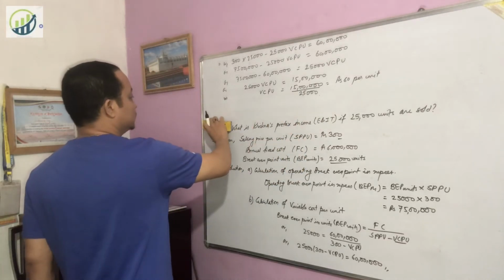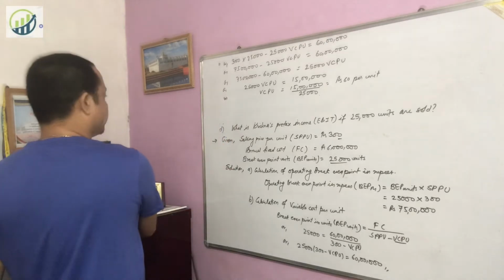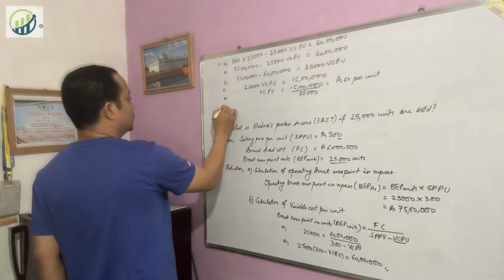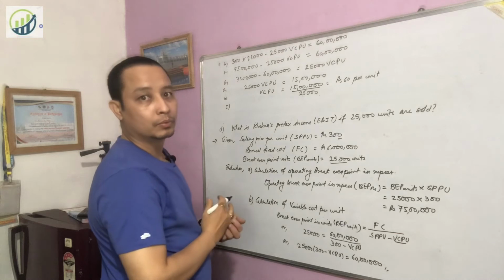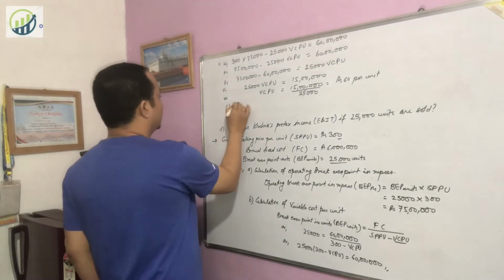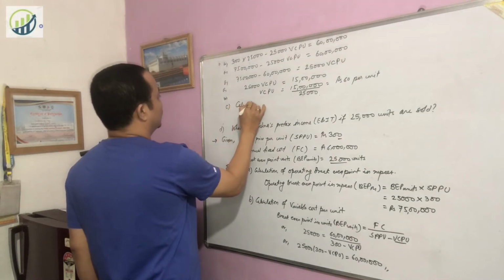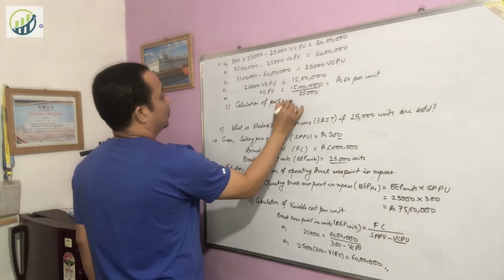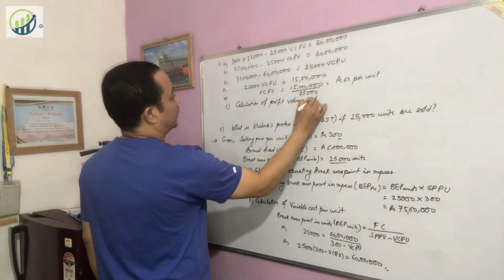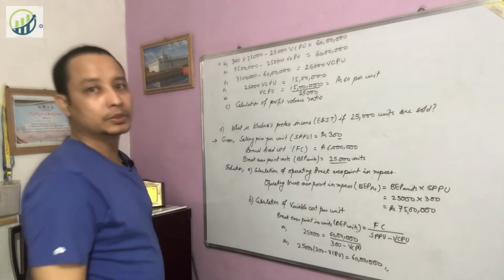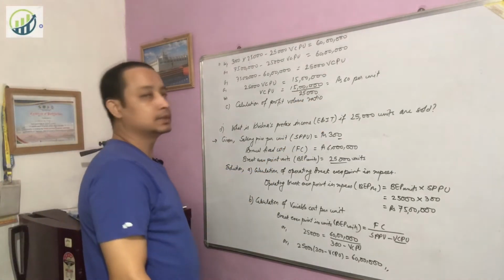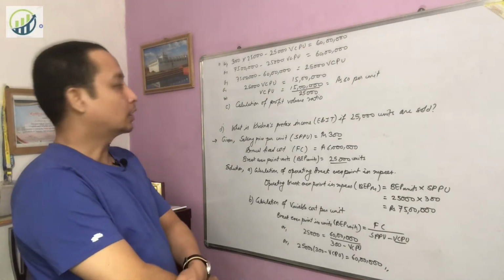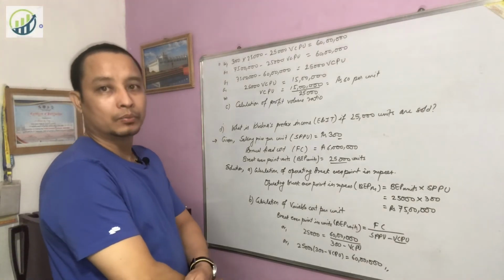So your third is calculation of profit volume ratio. Profit volume ratio means contribution margin ratio. You can say contribution margin ratio for profit volume ratio.